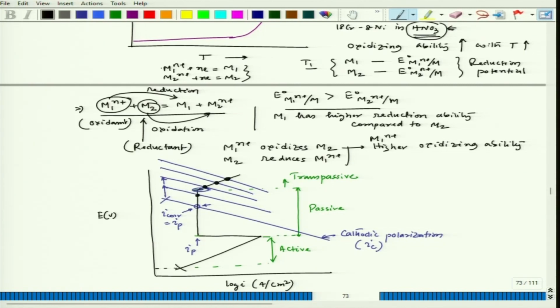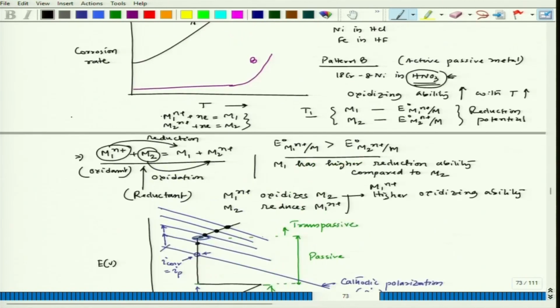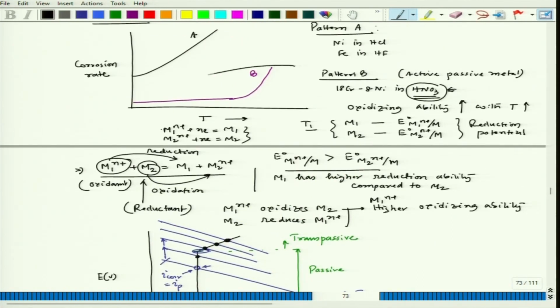After maintaining this passive portion, it goes to the transpassive zone. Definitely, once it goes to the transpassive zone, the corrosion rate again increases. So, this is the behavior we could see here.